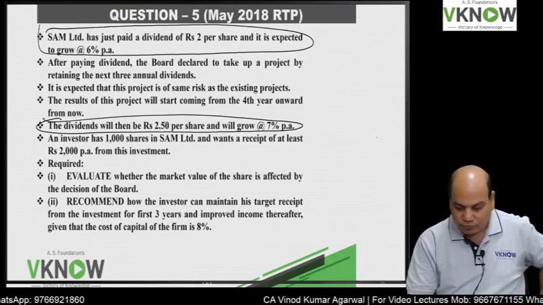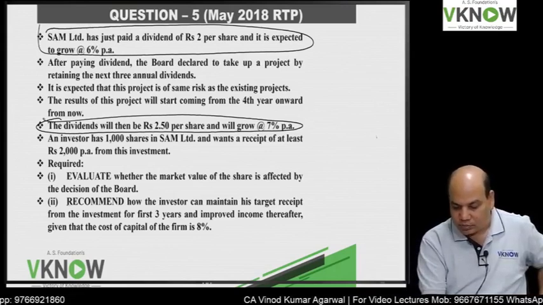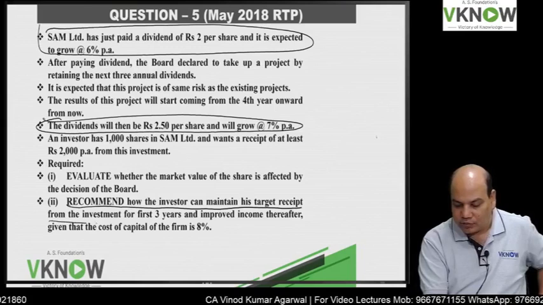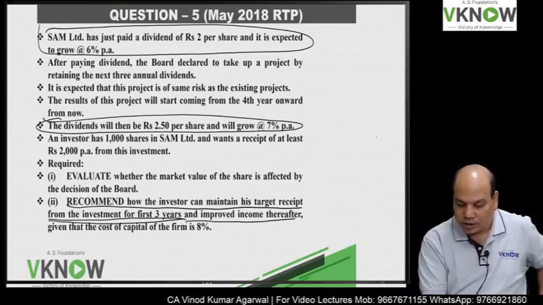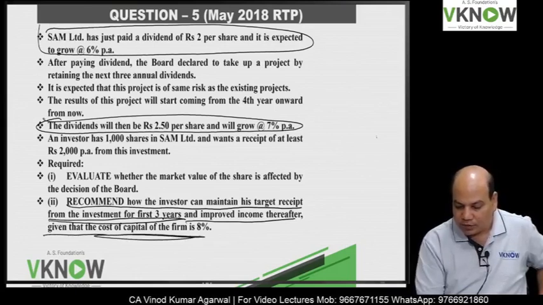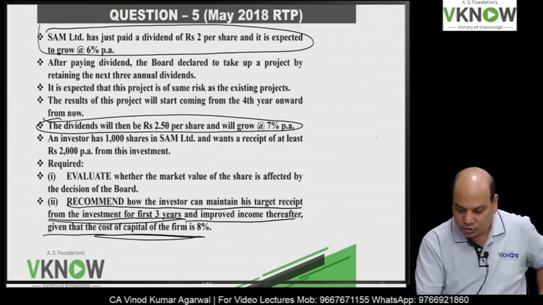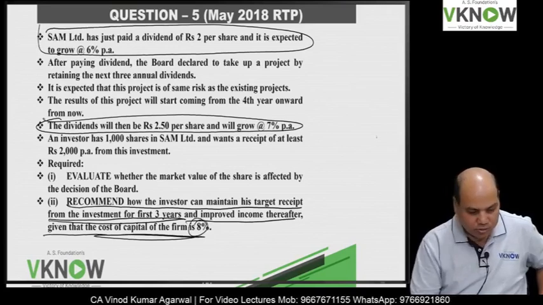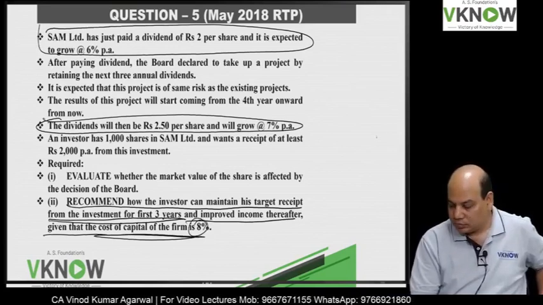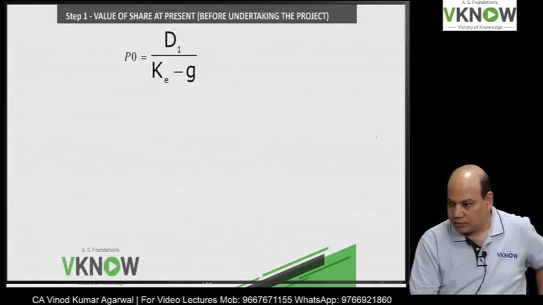Very easy. And next is recommend how the investor can maintain his target receipt from the investment for the first 3 years and improved income thereafter, given that the cost of capital of the firm is 8%. So this 8% is your KE, the discount rate. Okay, so let us solve this question.